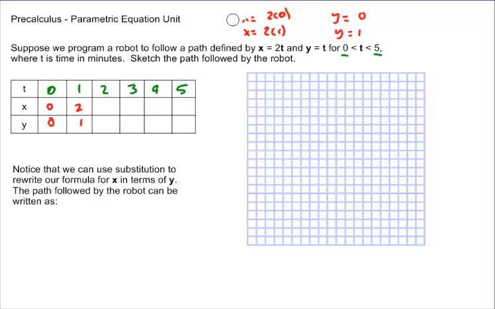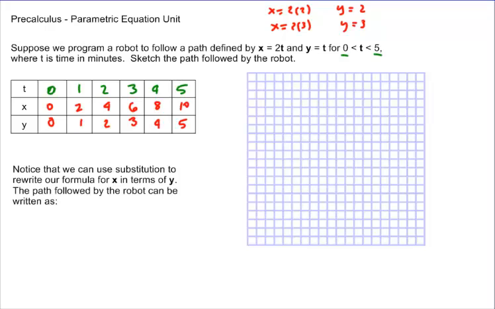Then I'm going to put 2 in, so x equals 2 times 2, and y equals 2. So that's going to be 4 and 2. And then 3: x equals 2 times 3, and y equals 3. So this is 6 and 3. So we're going to have 8 and 4, and 10 and 5.